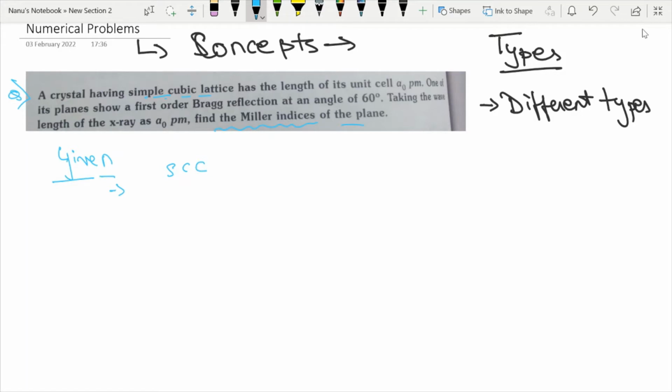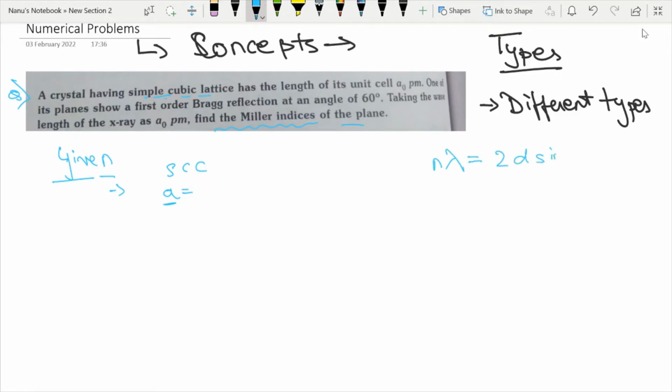First thing, length of unit cell is A0 picometer. If you want, you can pause the video and try it on your own. If you're not comfortable, you can follow it and later you can practice. The length of its unit cell is A0 picometer. So over here we know that the length of the unit cell is denoted by A, as we know, and we know that Bragg reflection is given by n lambda equals to 2d sin theta.